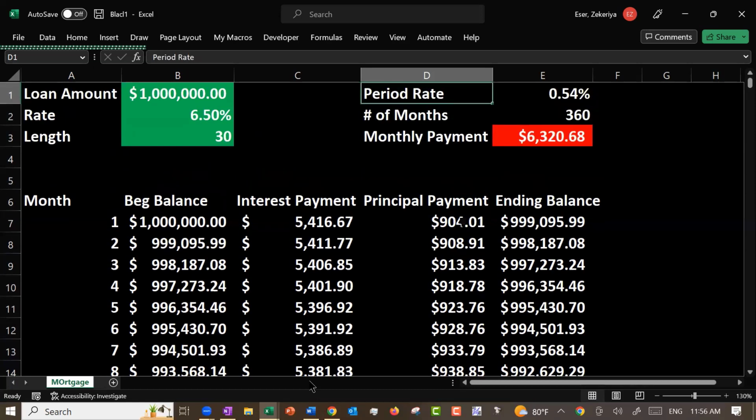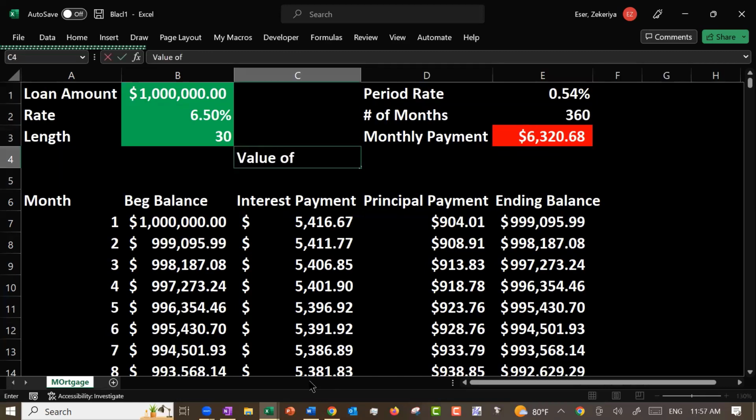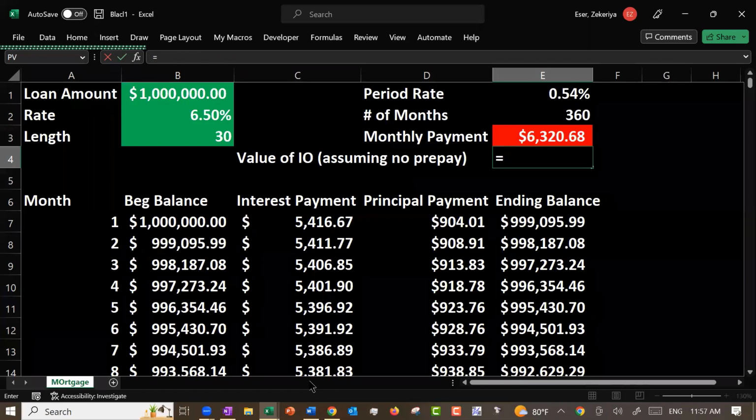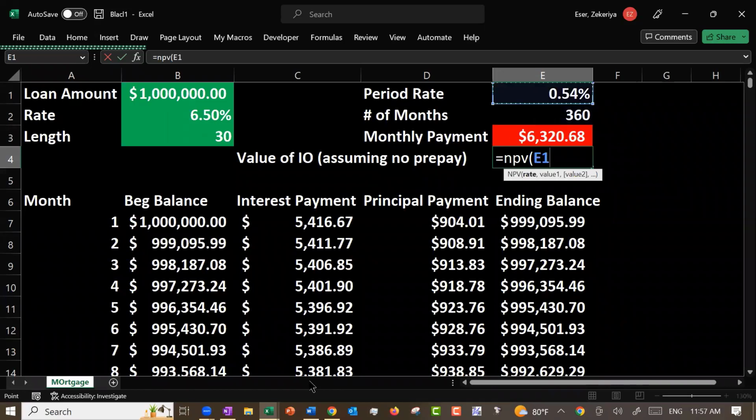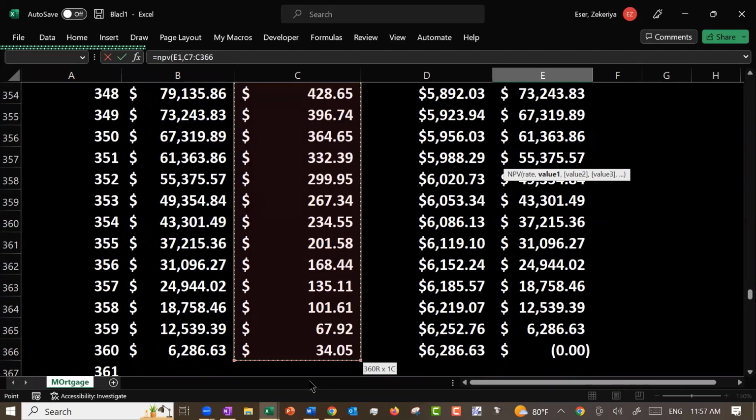Let's do value of IO, assuming no prepay. That's going to be the present value of all the interest payments. There's an Excel function called NPV. The rate is the period rate, and you enter all the interest payments.